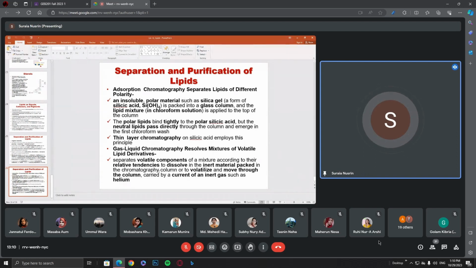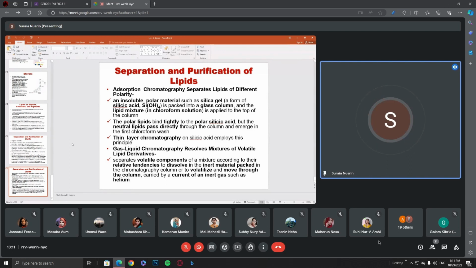Next, another chromatographic method which is very popular nowadays is called gas liquid chromatography. Here, since gas is involved, your lipids or lipid derivatives must have volatile nature.